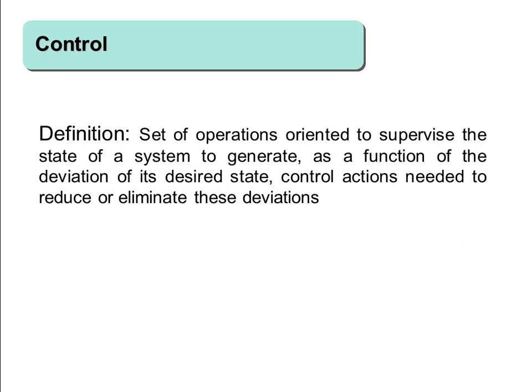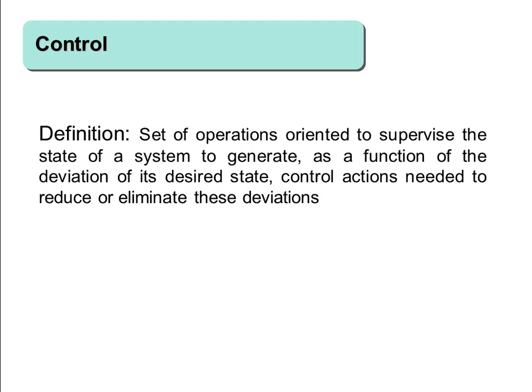So the classical, general definition of control is a set of operations oriented to supervise the state of a system to generate, as a function of the deviation from the desired state, the control actions needed to reduce or eliminate this deviation. So we are supervising a system and measuring something, and based on these measurements we compare that value with the value that we want to have there, so that's the set point.